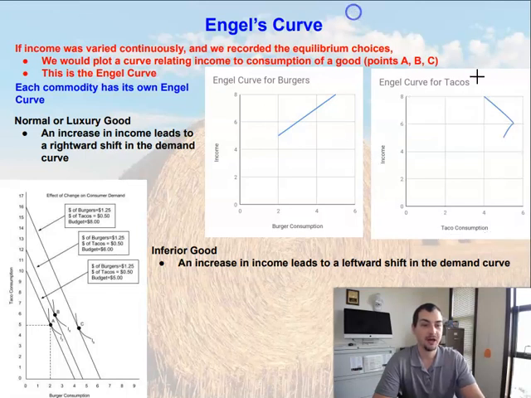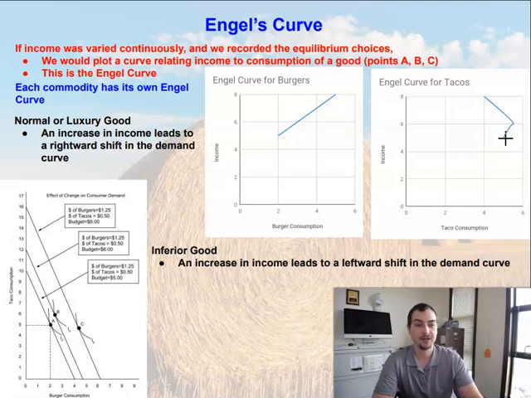Any time this Engel curve begins to slope backwards, or is a downward sloping curve like it is right here, it is an inferior good. But as long as it is upward sloping, it is a normal good. We talked in the last video about how a normal good could eventually turn into an inferior good, and that's what happened with tacos here. So anytime an Engel curve is upward sloping, it is a normal good, and if it's downward sloping, it is an inferior good.